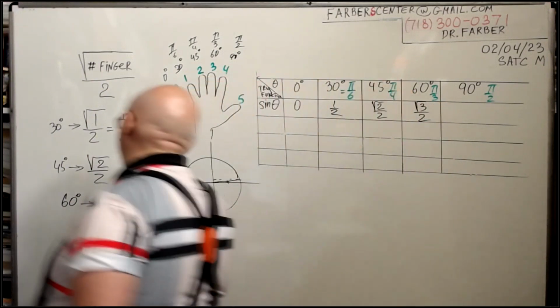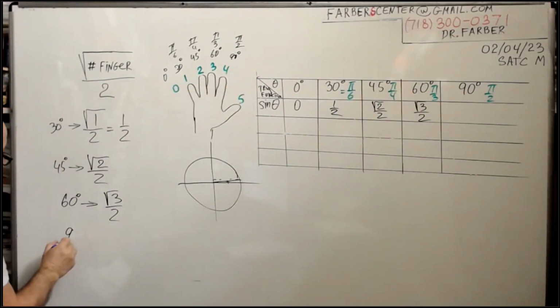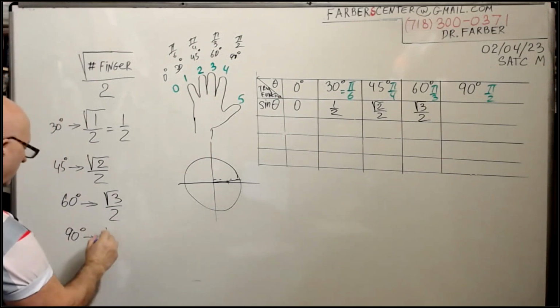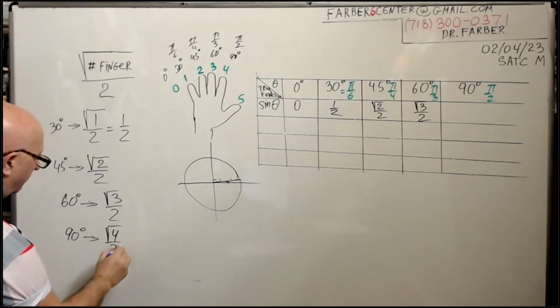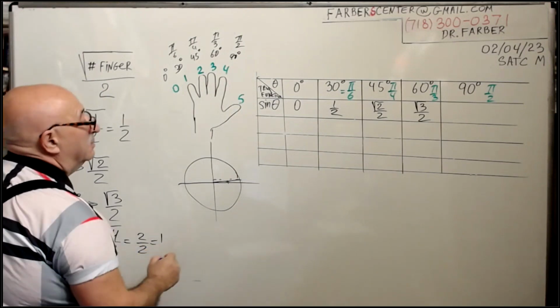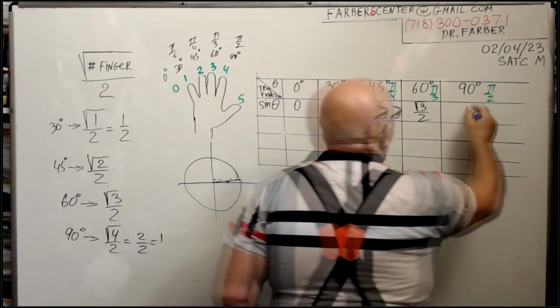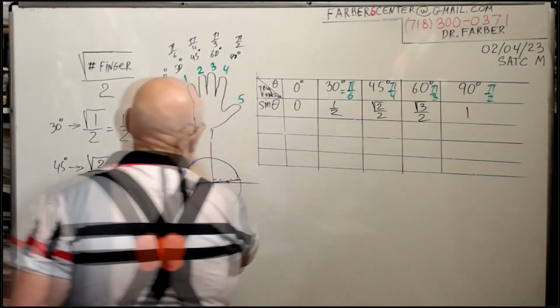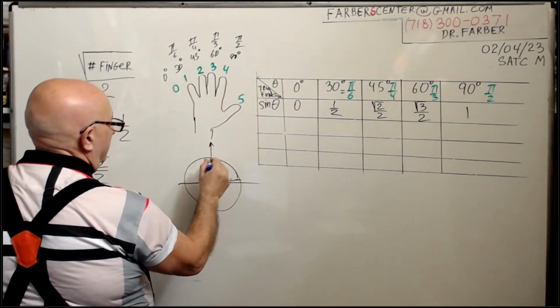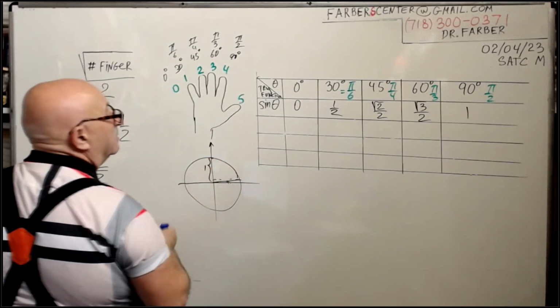And for 90 degrees, square root of 4 over 2, which is 2 over 2, which is 1. And you remember when 90 degrees, the theta approaching this y-axis, and projection would be 1.